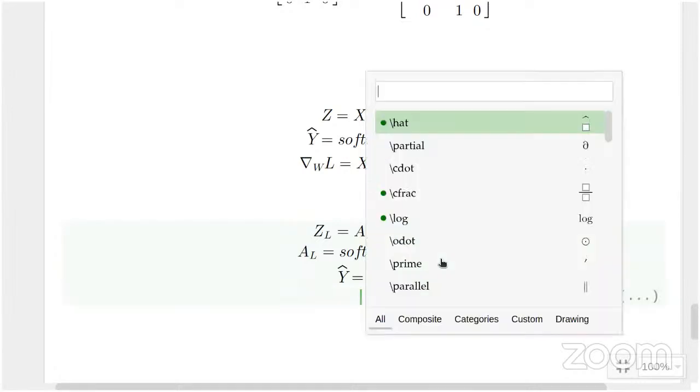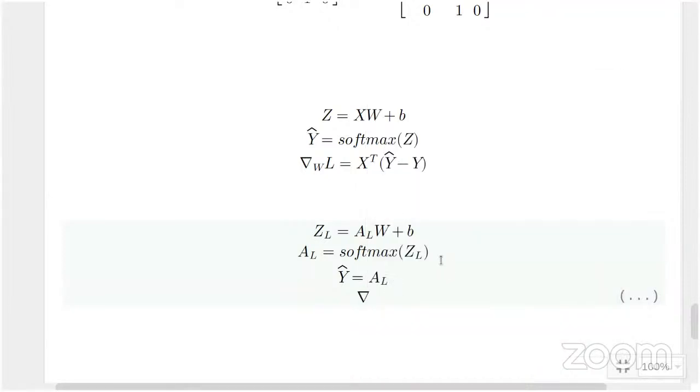Now if I say the gradient of the loss with respect to W is what? The same softmax equation should hold, right? So it's X transpose Y hat minus Y, correct? Nothing has changed.